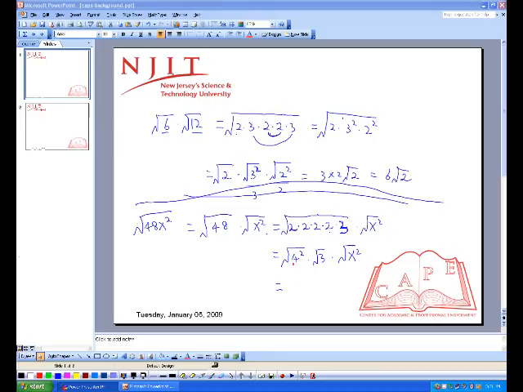Now this is going to be 4 times square root of 3. Now that is going to be x, but here's the tricky part. Remember our definition said earlier, the square root can only be a positive number, but we don't know if x is positive or negative. But the result has to be a positive number. So how do we do this?